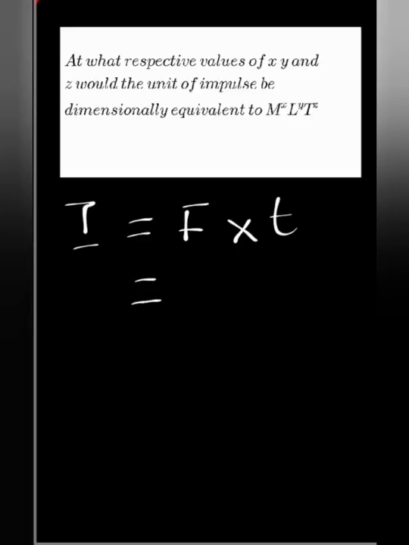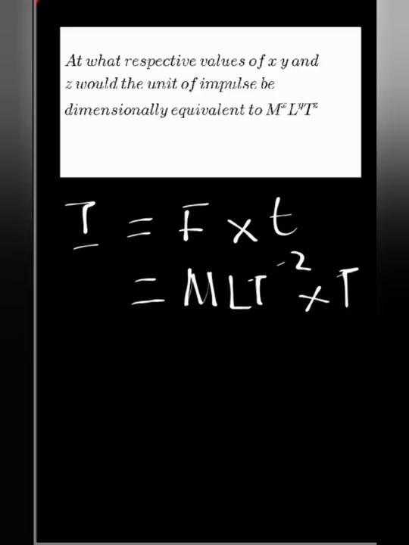Since we know the dimension of force as MLT raised to power minus 2, and we know the dimension for time as capital letter T, it is a basic quantity.